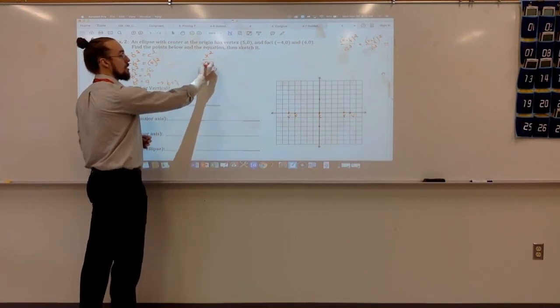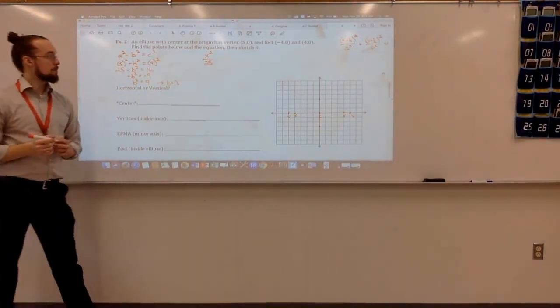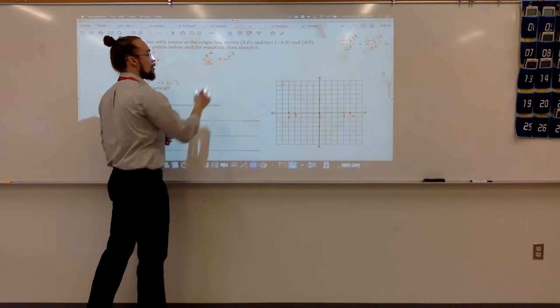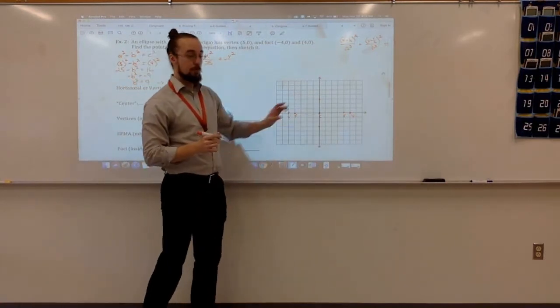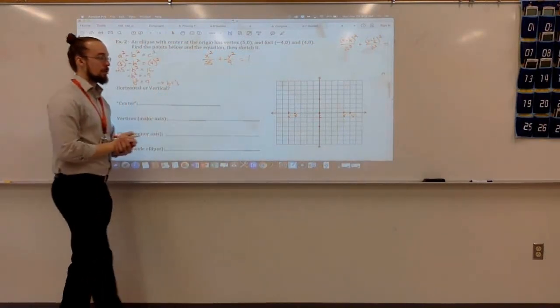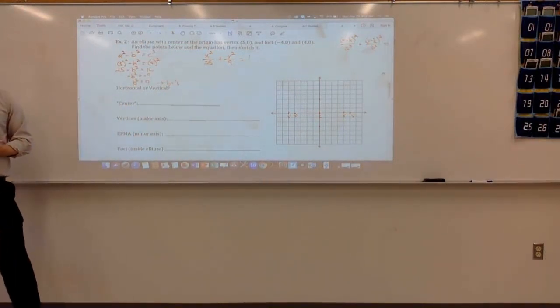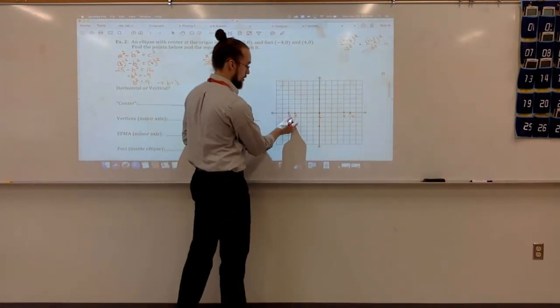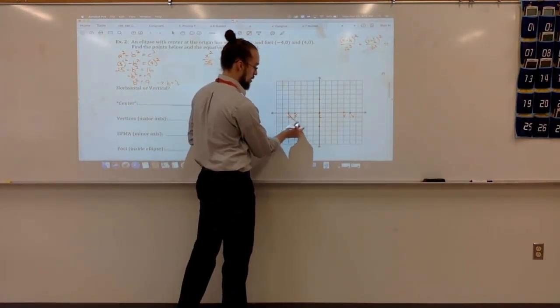Either way is fine. Then plus y squared over 3 squared, which is 9, equals 1. And so we can actually sketch this out then.